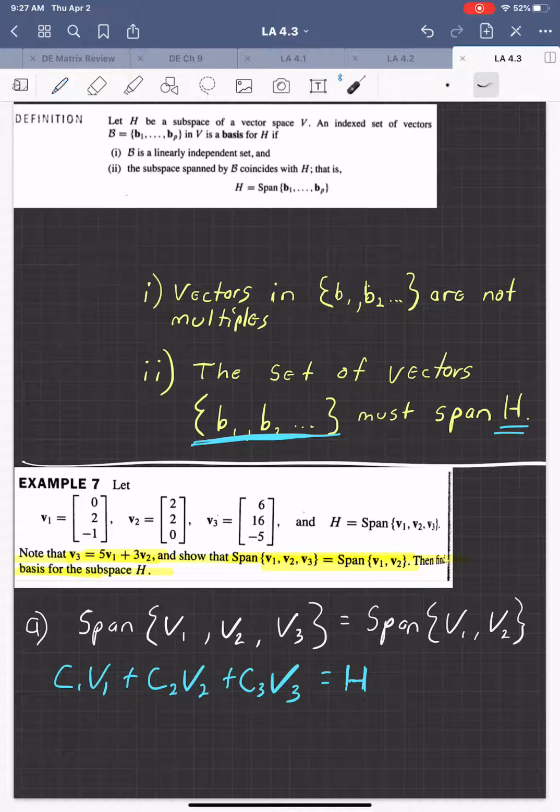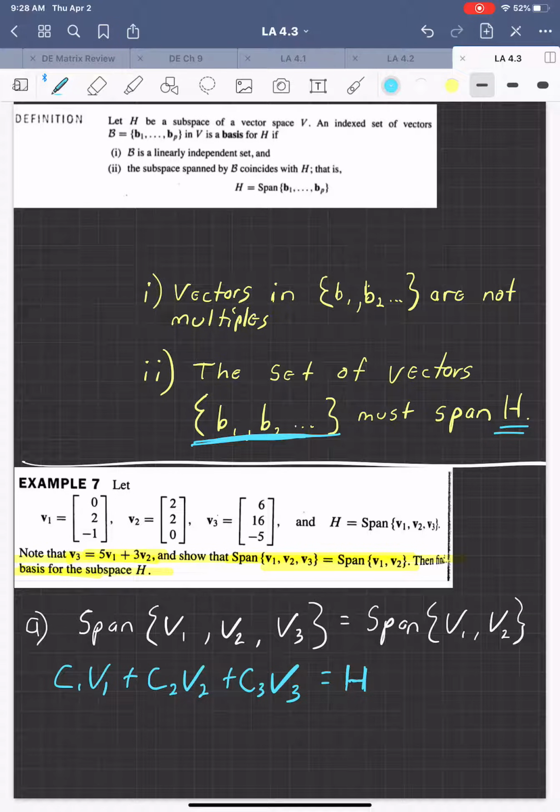Now, that aside, it says note that v sub 3, meaning this vector right here, can actually be built from the other two vectors. So that means you do have multiples.